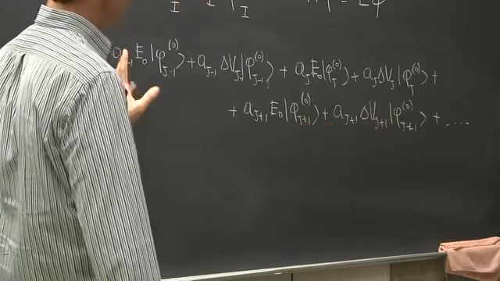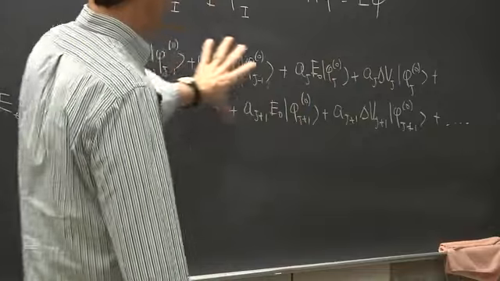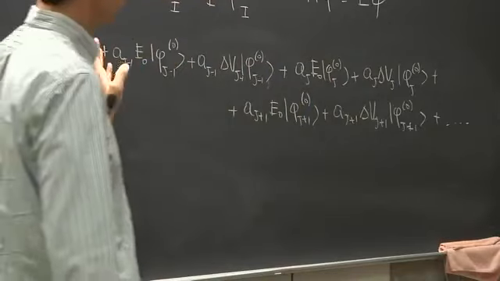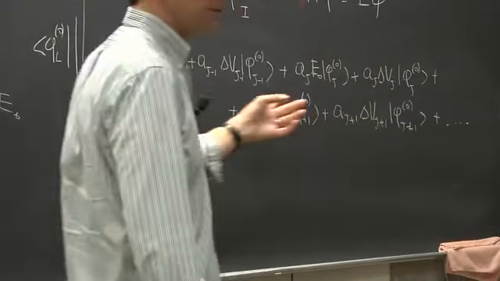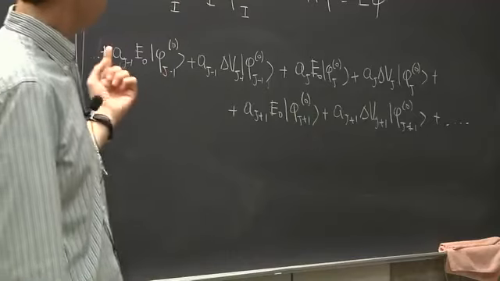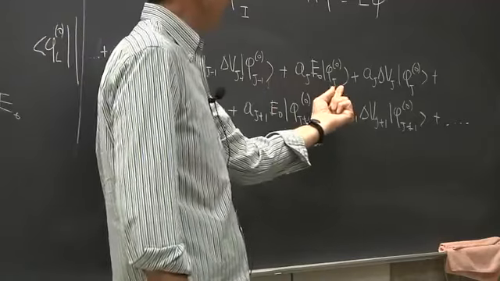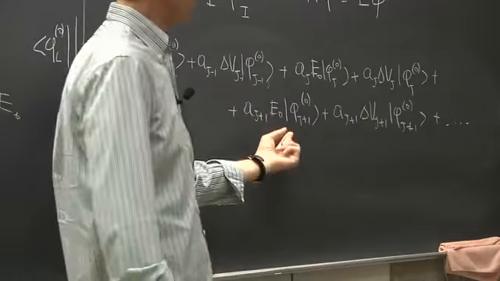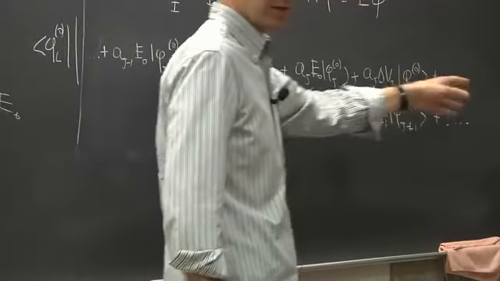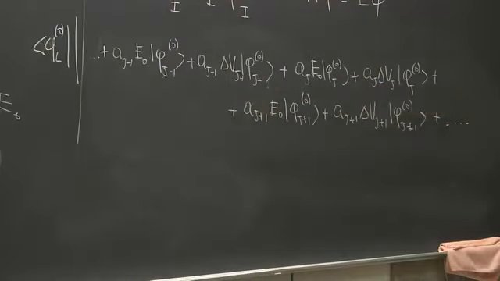This function here is an infinite function with an infinite number of terms. I've just selected out the j, the j minus 1, the j plus 1, and I'm writing the rest as dots. But in principle, it's an infinite series from minus infinity to plus infinity. Good. I'm going to project it on L now, an arbitrary L.